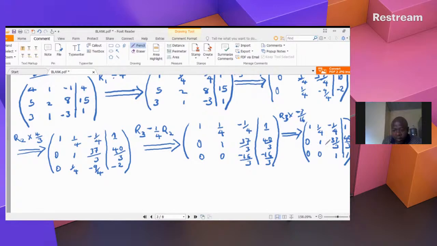Row 2, I wrote the way it was. So I multiplied this one by -3 out of 16 to get 1, and this one by -3 out of 16 also to get 1. I think that's what I did. I'm sorry for that. I was not sharing the screen at some point, discovered later.